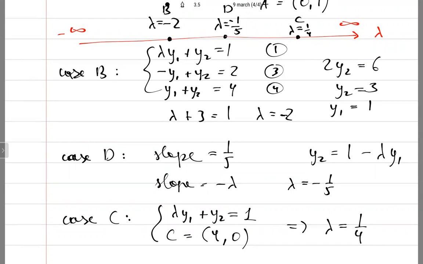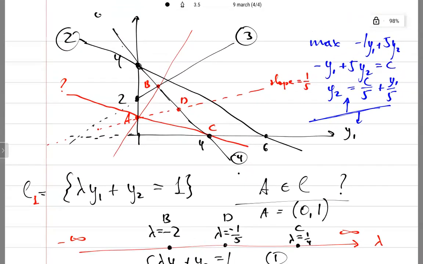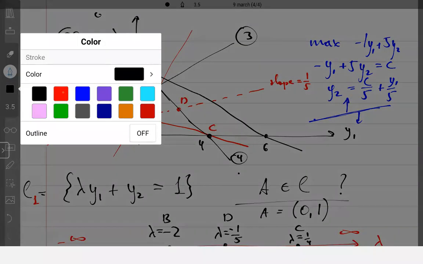Have you the same results, guys? Yeah. Okay, if you have the same results, then let's look at our scheme for lambda, and let's rotate the red line. Okay, now we are rotating the red line.